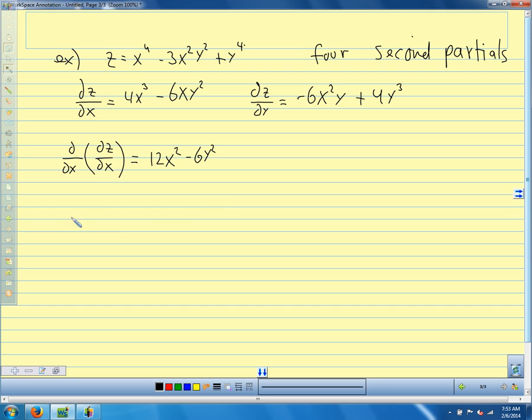And let's do the partial of this with respect to y. So when we take the partial of this with respect to y, we get minus 6x squared plus 12y squared.